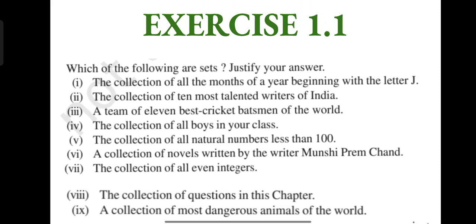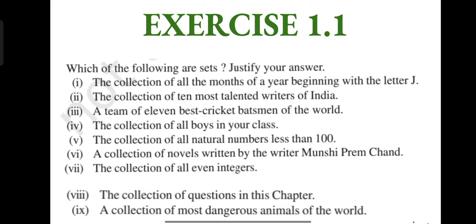Okay, it is a set, but this set will have different answers for different people, since it has said only the collection of novels written by Munshi Premchand. So somebody can write 3 novels, somebody can write 5 novels, and somebody will write maybe all the novels written by Munshi Premchand. But all the names of novels should come under Munshi Premchand.